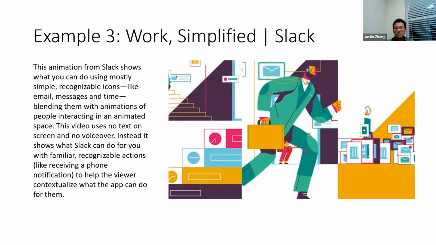In this video, there's no text on screen and no voiceover, but we can still clearly understand what Slack can do for us with familiar recognizable actions. So again, you can take a look and watch it later on.